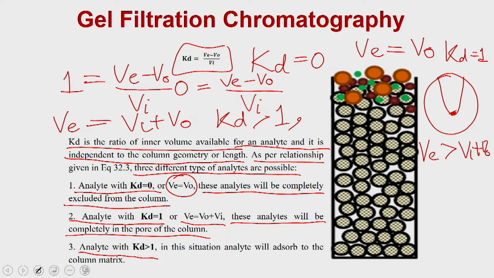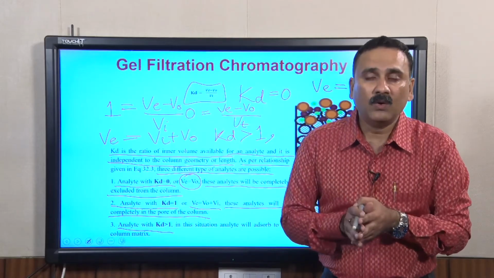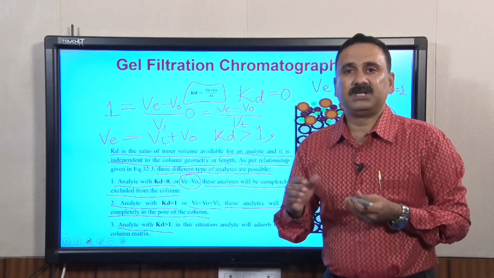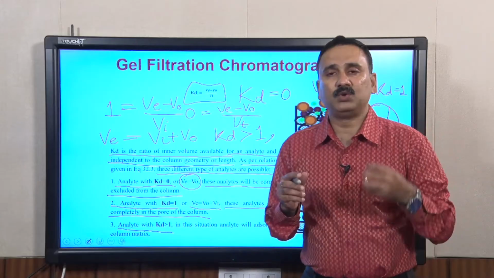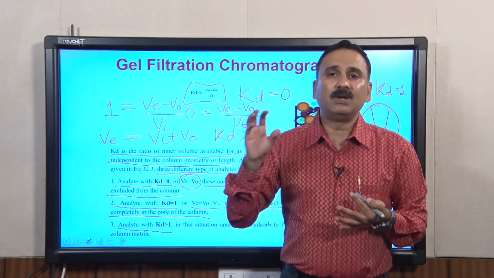In what condition is the VE going to be bigger than Vi plus Vo? Under one condition: that the molecule which you are resolving is irreversibly binding to the beads.